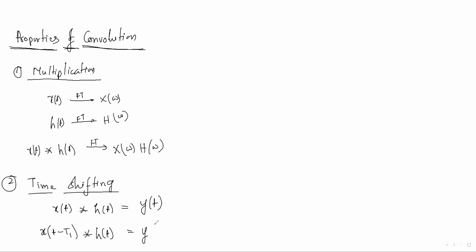The output also shifts by a similar quantity, t1. This is the property of convolution. If you shift any signal x(t), a similar shift should be in y(t) also. You can prove this because this is an LTI system, which satisfies both the linear property as well as the time invariant property.